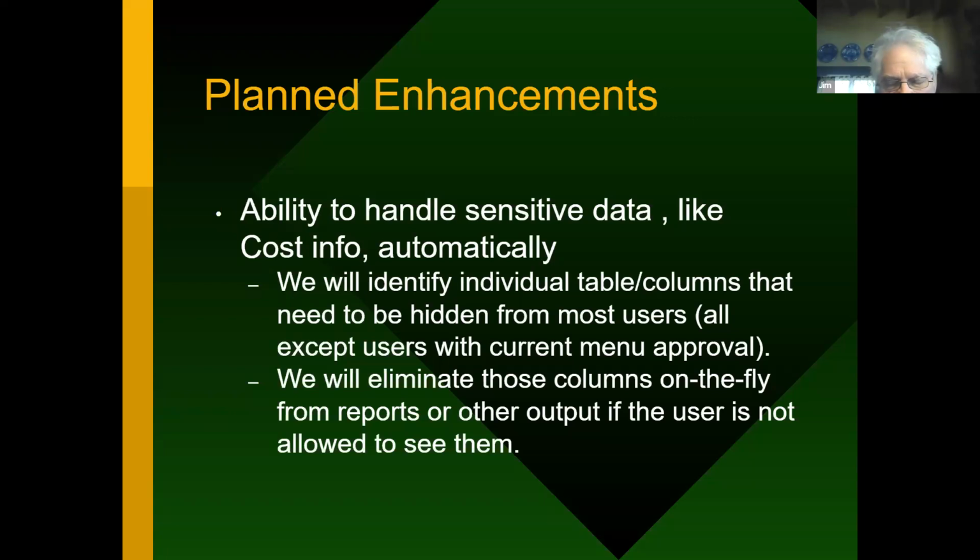Once we've identified them and specified what menu approval they need, when we're developing the report or other output, we will on the fly find out if they have the correct menu access to see that column. And if not, we'll just eliminate it from the report. It won't say cost, you can't see it, it'll just not be there.